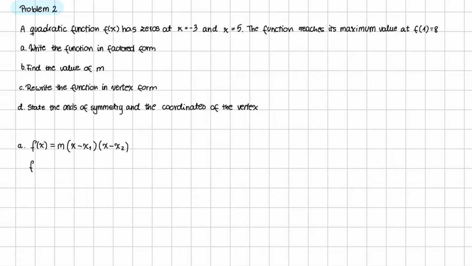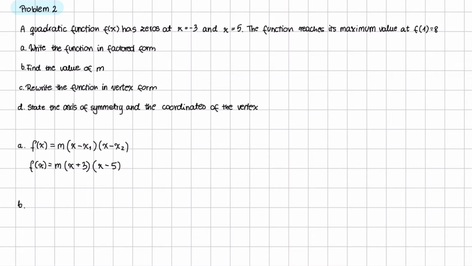So f(x) equals m(x, and here we have minus 3, so just plus 3, and here x minus 5, so our second zero of this function, and this is our function in factored form.